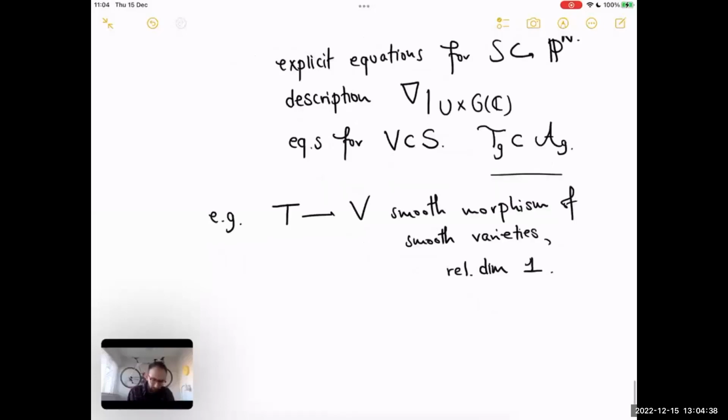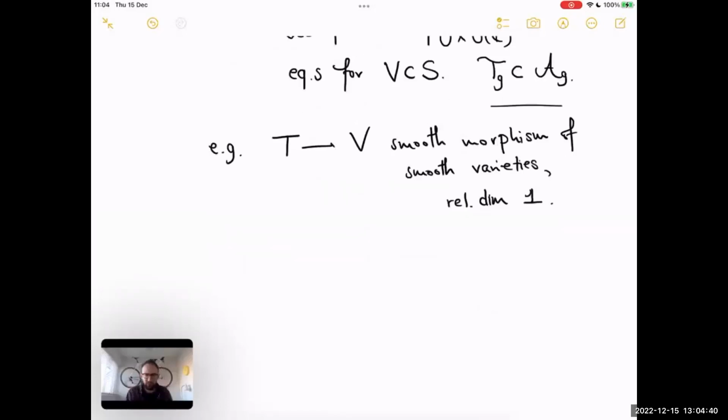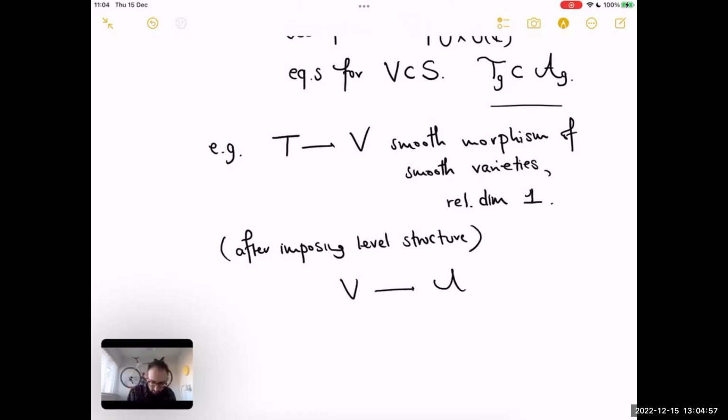So then after doing a few technical manipulations, which I'll describe as imposing level structure, you can obtain a map from V to some A_g, some moduli of abelian varieties, just by sending V to the Jacobian of the fiber of this family over V.